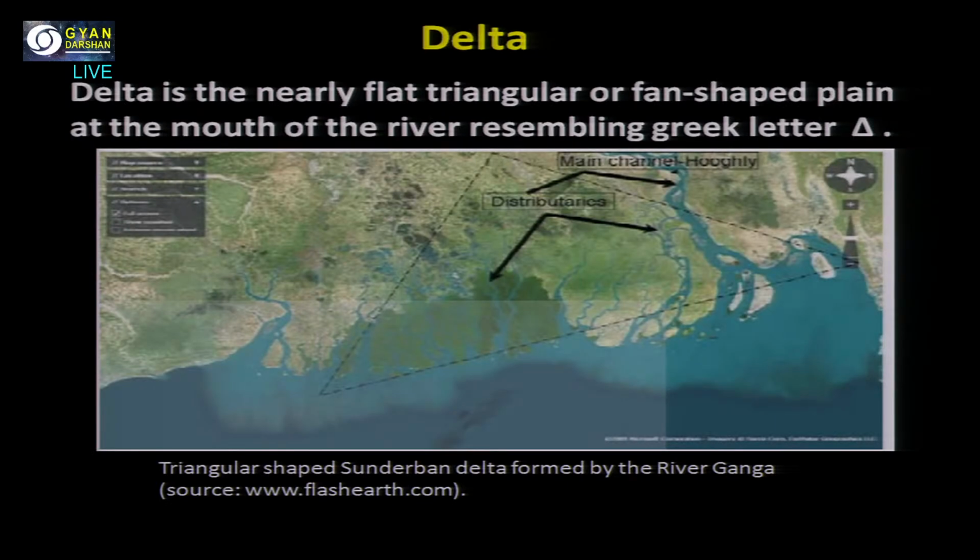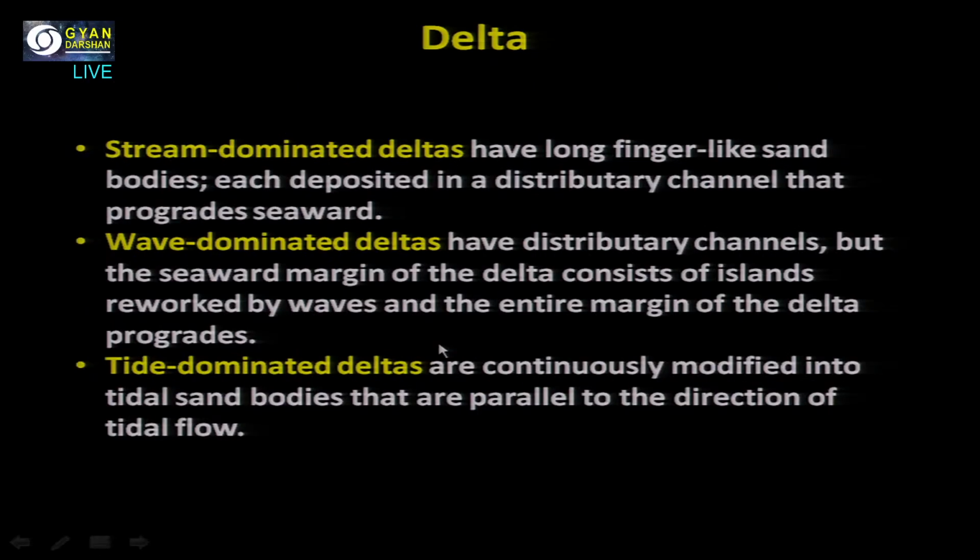Now this is a prominent landform in the eastern coast of India. It is a delta, which is a nearly flat triangular or fan-shaped plain at the mouth of the river that resembles the Greek letter delta. Here this is the area showing a delta, and based on the processes active on it, it can be characterized as stream dominated, wave dominated, or tide dominated.